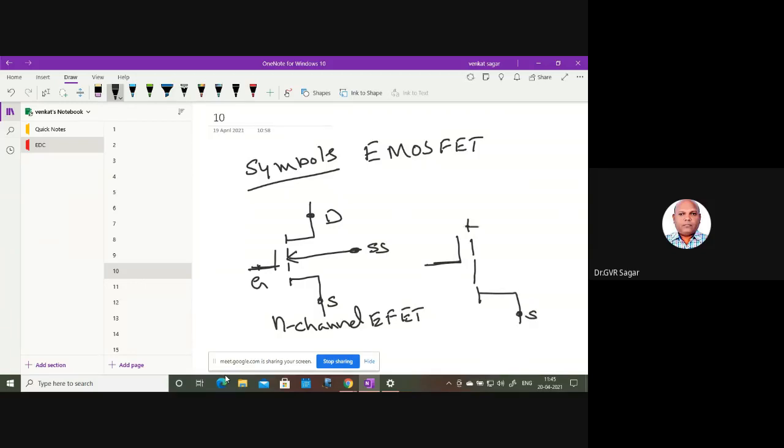Source, drain, and substrate. And the substrate arrow mark you have to show like this, showing this arrow mark with the P channel.